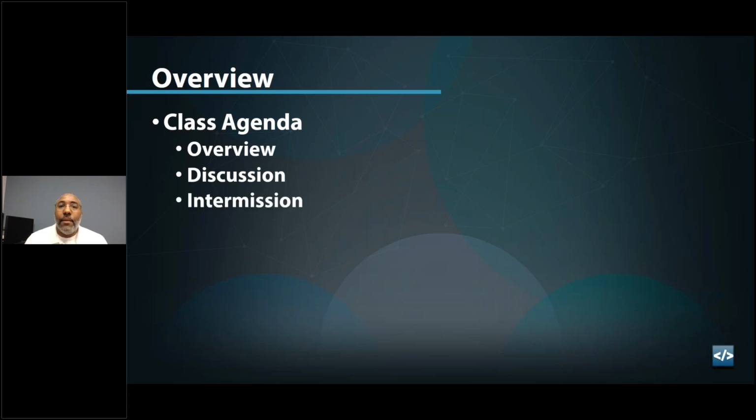After the discussion, and usually I try to break around 45-50 minutes, we'll have a 5-minute intermission. From there, we'll have our second part of the discussion, where we'll wrap up any topics that we didn't cover in the first part. Then we'll have our short quiz. No pressure on the quiz. It's just to reiterate some information and possibly tie up some loose ends. It's a 4-question quiz this time.